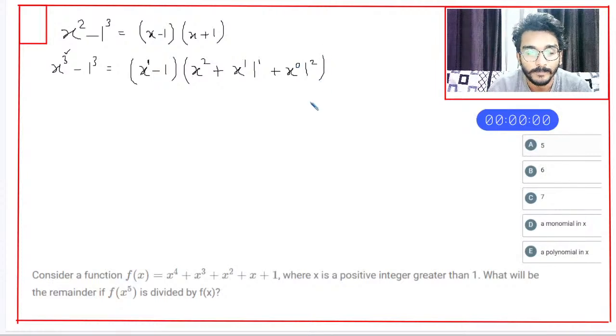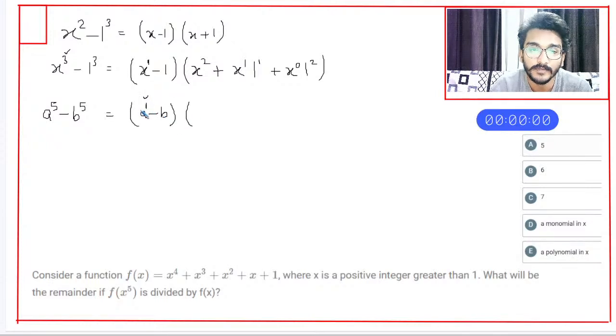Something like this. So if I have to make a^5 minus b^5, the fundamental is I will do a minus b. There is always a single power in the first bracket. I have to make the power 5, so I will multiply by the power 4. Now this a power will reduce and b power will increase.